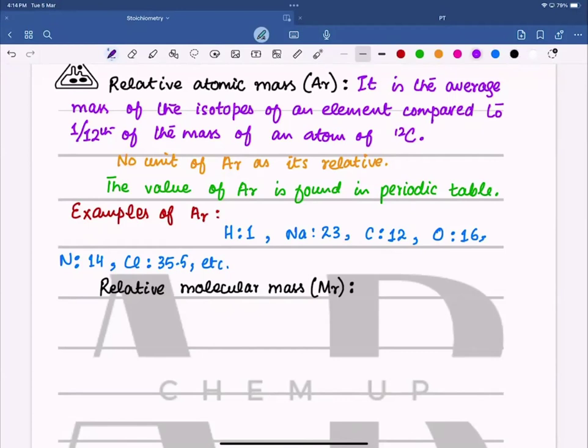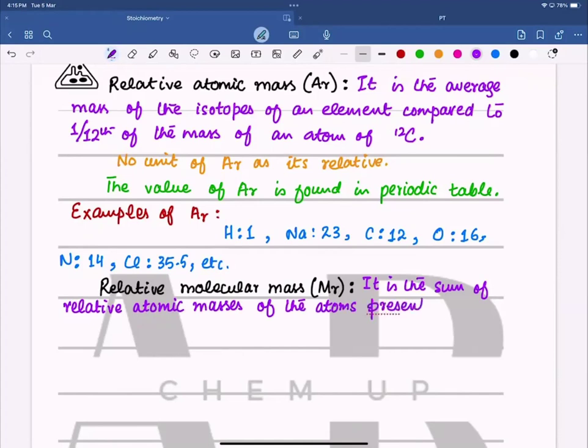So relative molecular mass, or MR, is the sum of relative atomic masses of the atoms present in the formula.